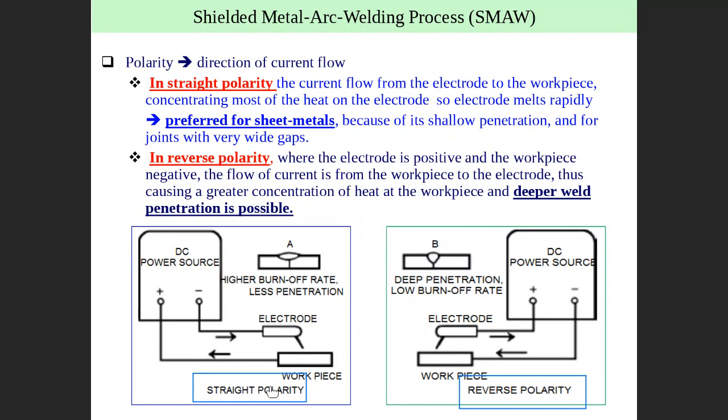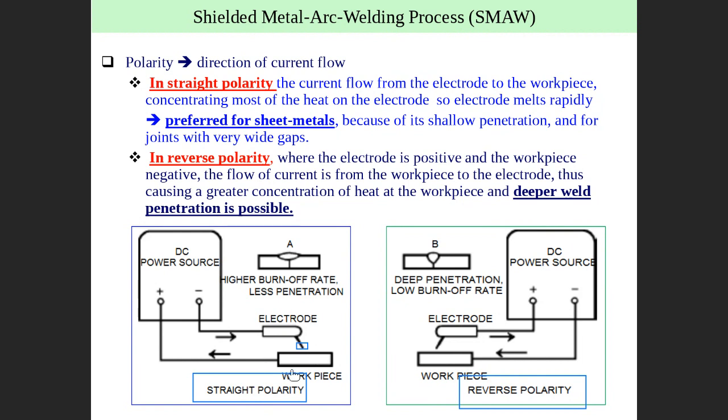What is the difference? The difference is that when current moves through the electrode, big current will accumulate here, leading to very high temperature here, melting the electrode quickly and depositing a lot of electrode material in the weld zone.